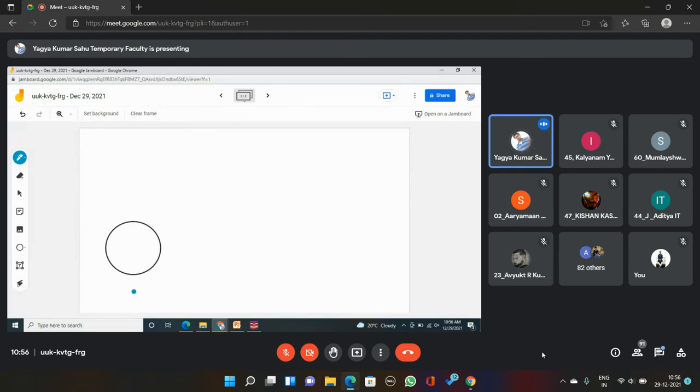So first of all, divide this circle into 12 equal parts.